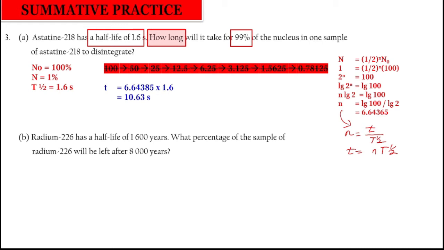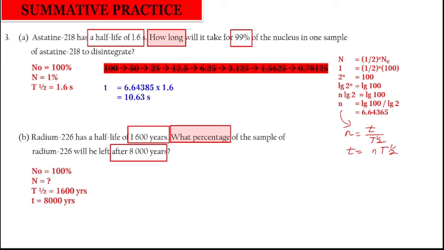Okay. So, sekali lagi, sebab kita tak dapat tepat 1% tu, kamu tak boleh guna arrow. So, kena guna formula. Okay, B. Half-life 1600 years. Percentage 8,000 years. Okay, cikgu kira dulu berapa kali half-life. Berapa kali half-life?